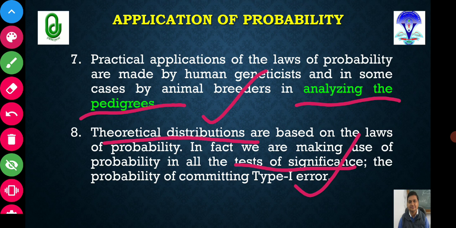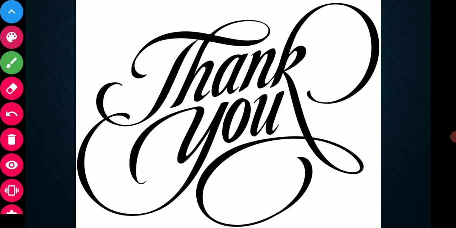With this, I am going to end the lectures on probability. In these two lectures, I have tried to cover the basic concept of probability, different types of probability, basic laws of probability, some formulas, and lastly the application of probability in animal breeding. But probability will become clearer when you solve some numerical examples.